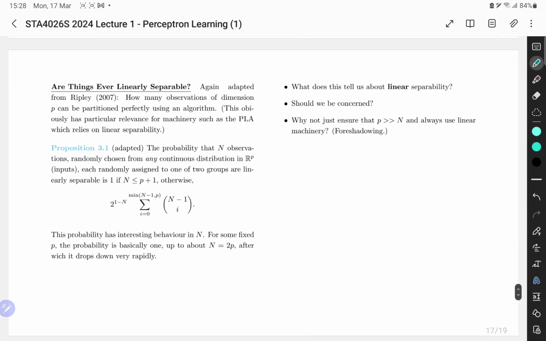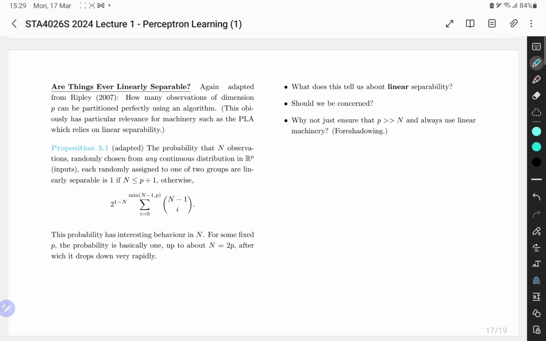Can you see up at top there? This is the probability of being linearly separable, so 0 to 1. Can you see there's a whole region for which the probability of being linearly separable is exactly 1? That means the data will be linearly separable, regardless of how it was generated.